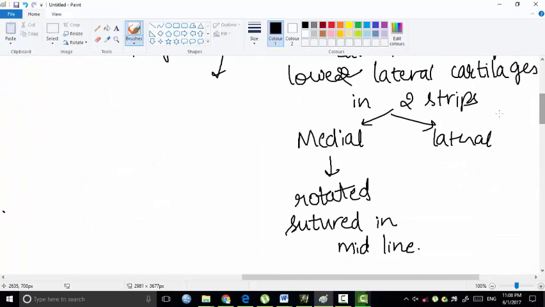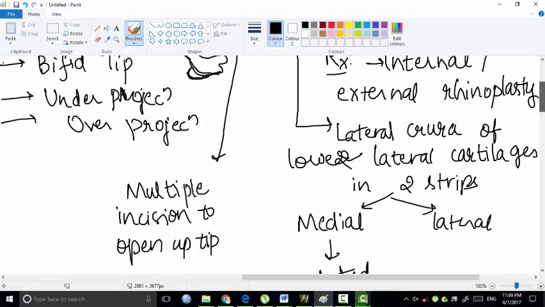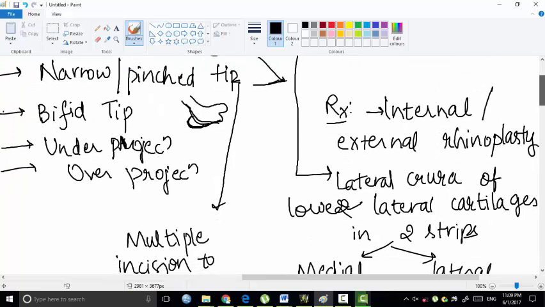For a narrow or pinched nose, multiple incisions are given to open up the tip.